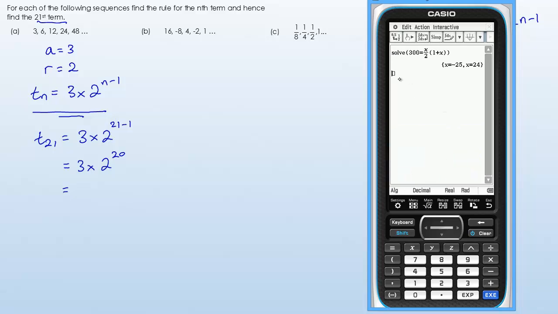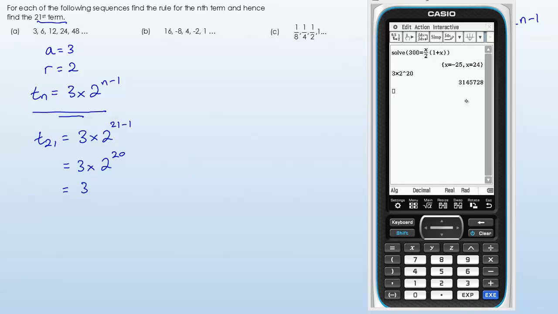So 3 multiplied by 2 to the power 20, and that is going to be 3,145,728. Now clearly we would need the calculator for a question like that.